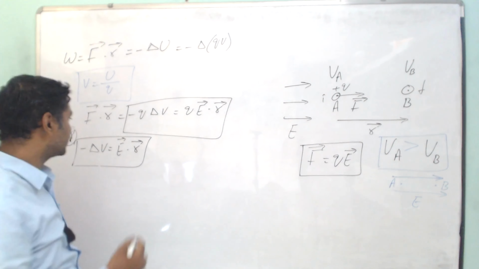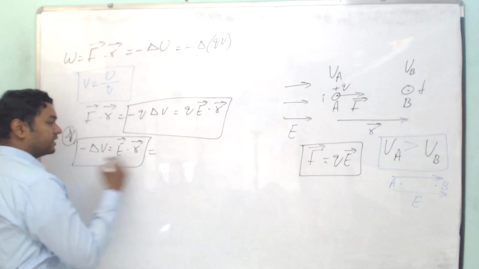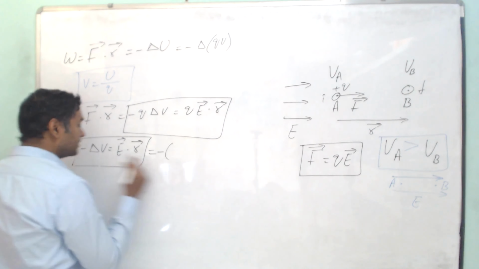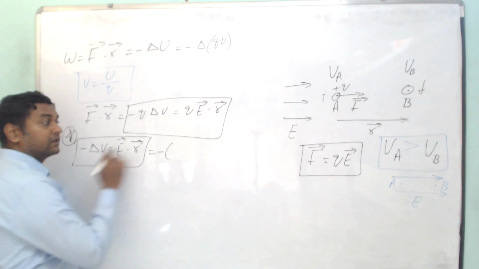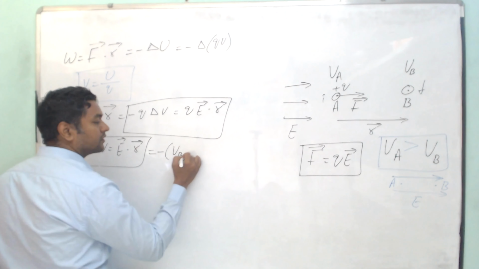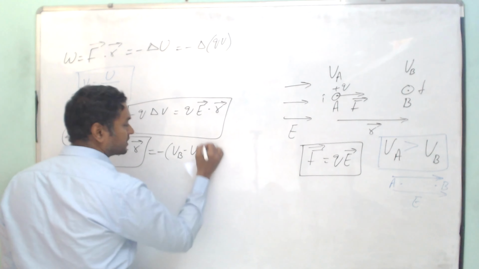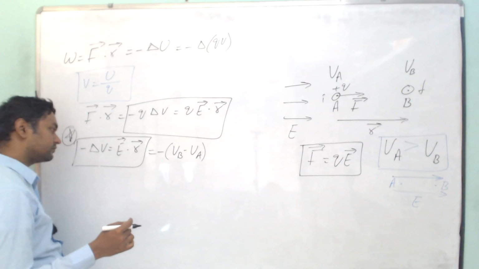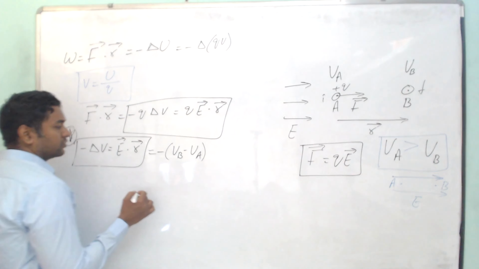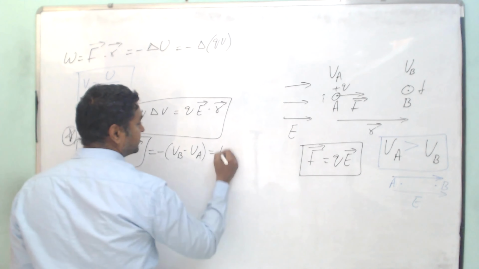That means over here, in place of delta V, I'll have a minus sign. What will my delta V be? VB minus VA. Is this clear? So, I can also write this as VA minus VB.